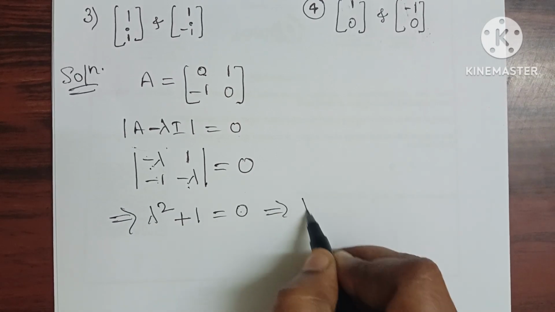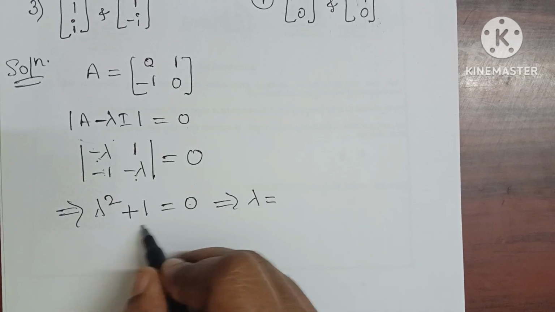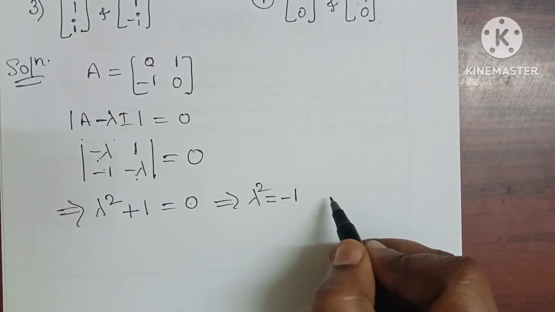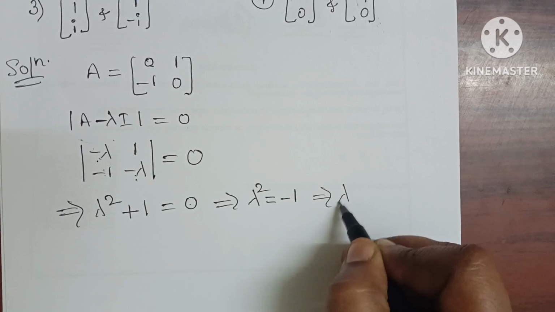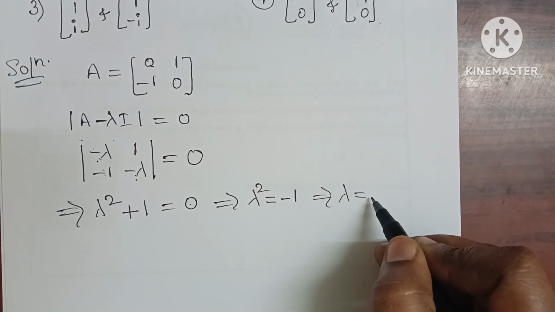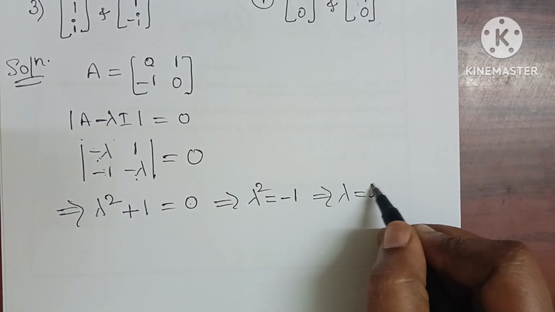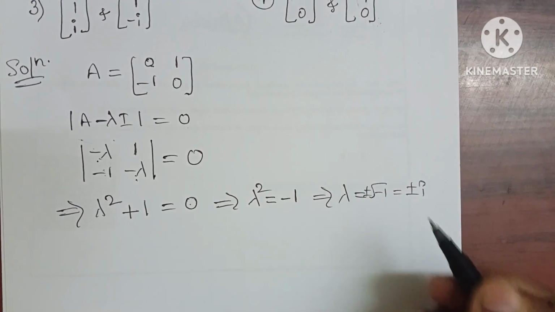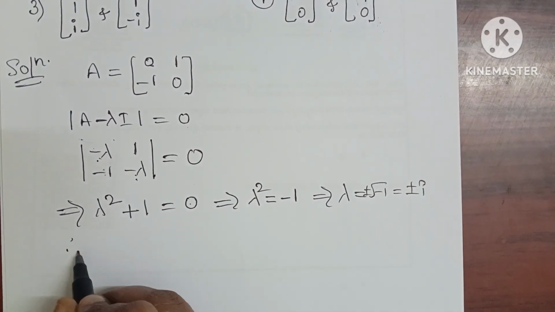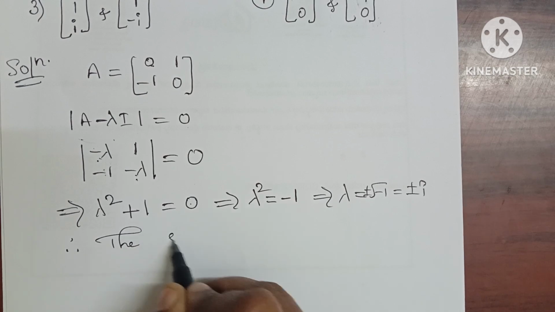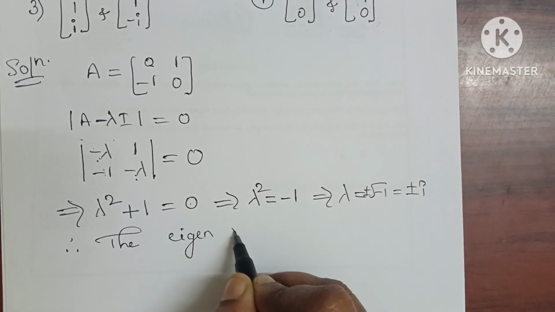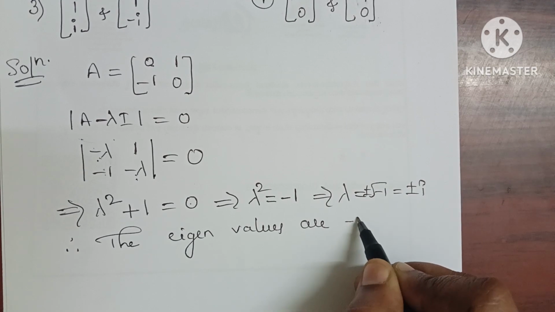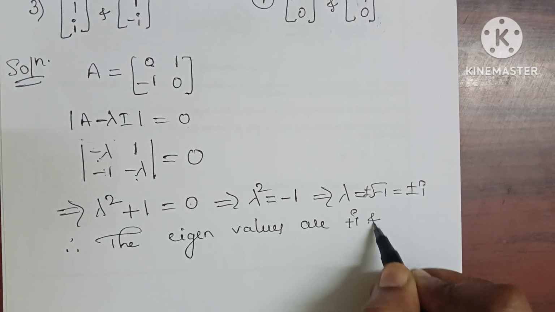So lambda square equals minus 1, or lambda equals root of minus 1, which is plus or minus I. Therefore the eigenvalues are plus I and minus I.